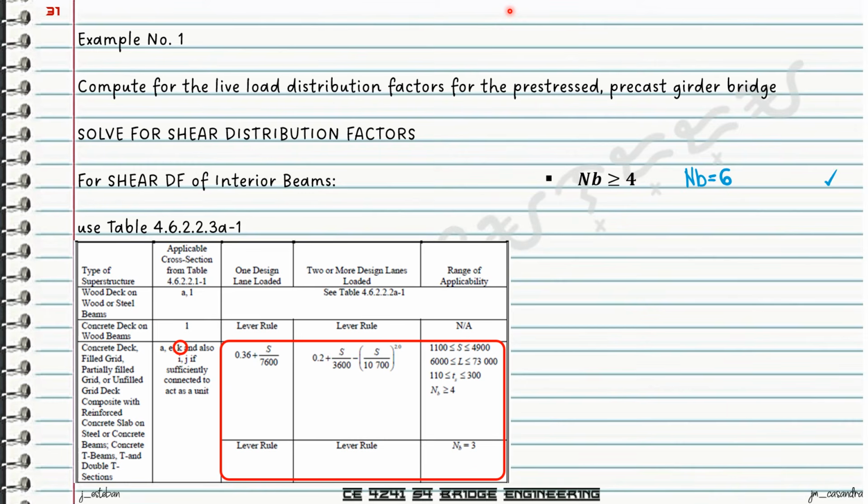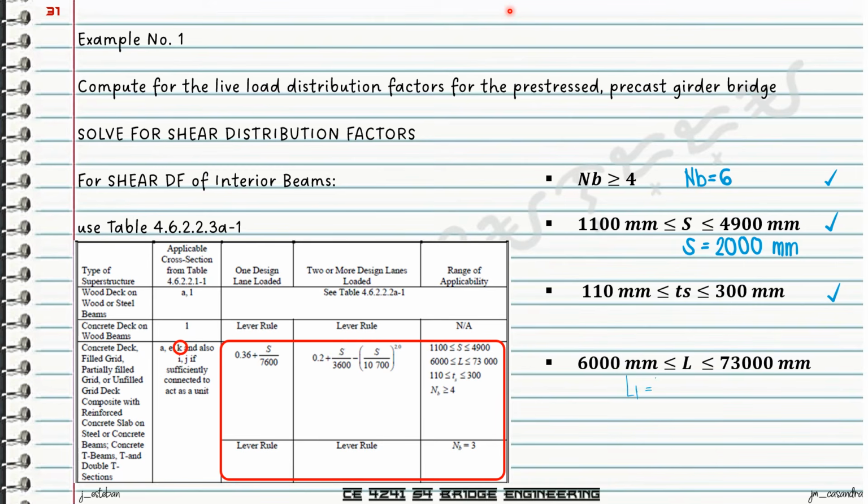Next, we check now our S condition, the spacing between the stringers. And we have identified that it satisfies our conditions, same as for t sub s, length for L1, L3, and L2 is checked, and for Kg, it's also okay. So therefore, we now use the equation for our shear distribution using these equations.